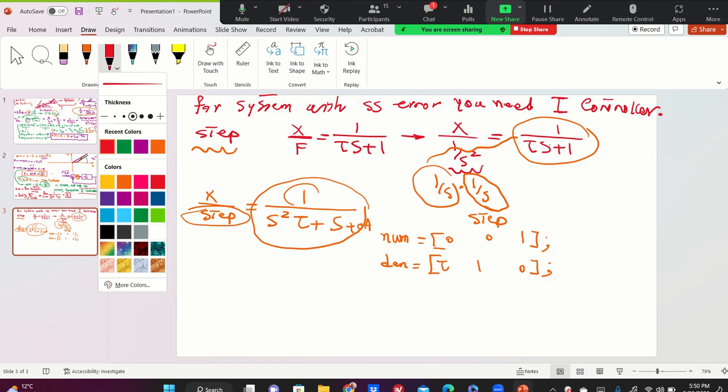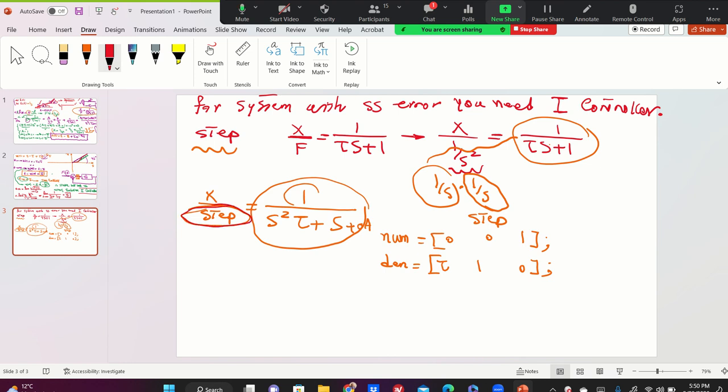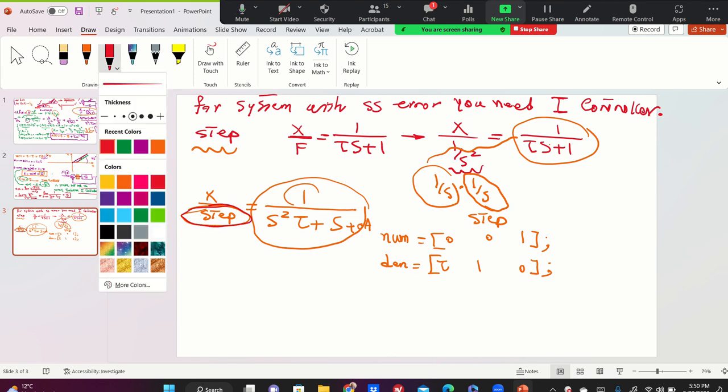Reformatting the transfer function to be compatible with MATLAB step commands. What do you mean by simplifying?